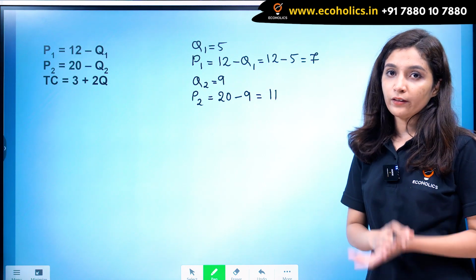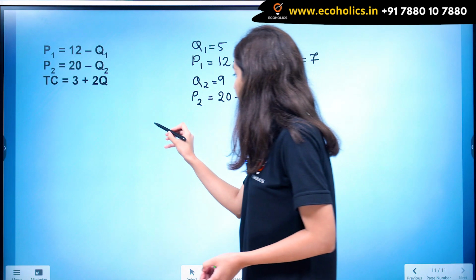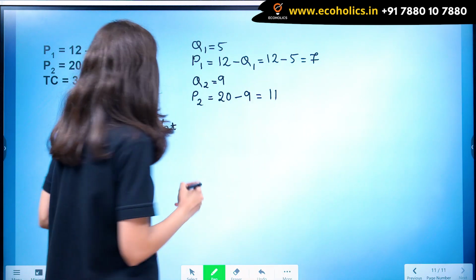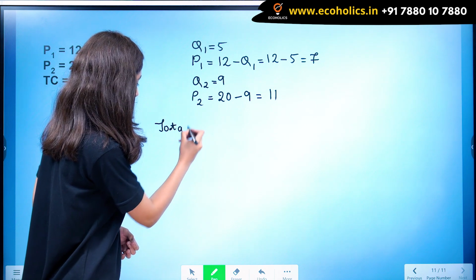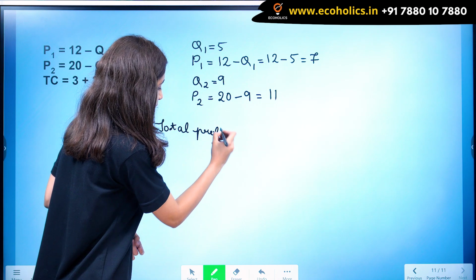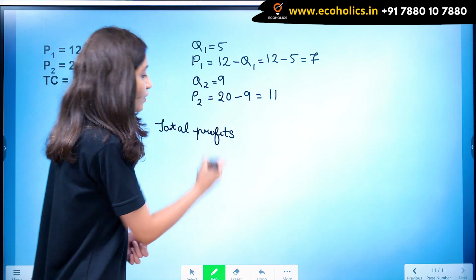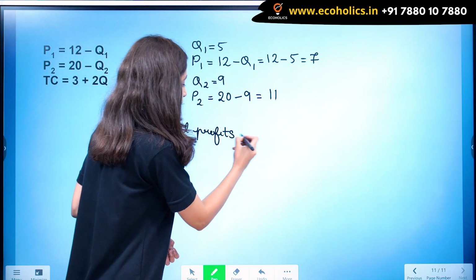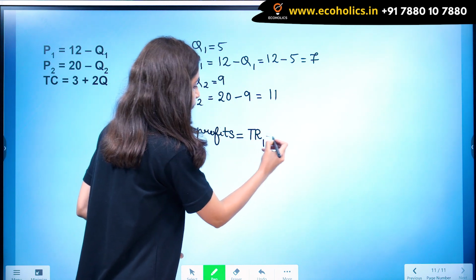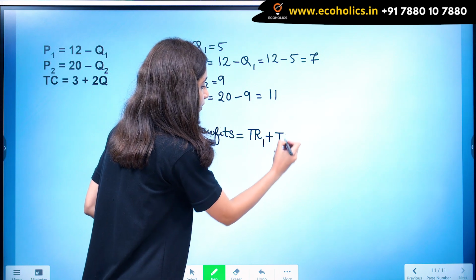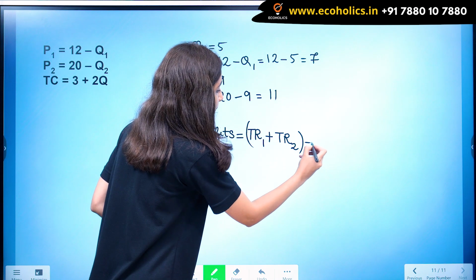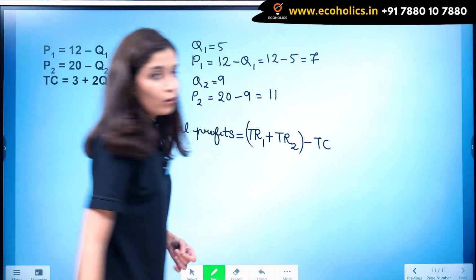Lastly, we need to find the total profits. So our total profits will be equal to total revenue in the first market plus total revenue in the second market minus total cost.